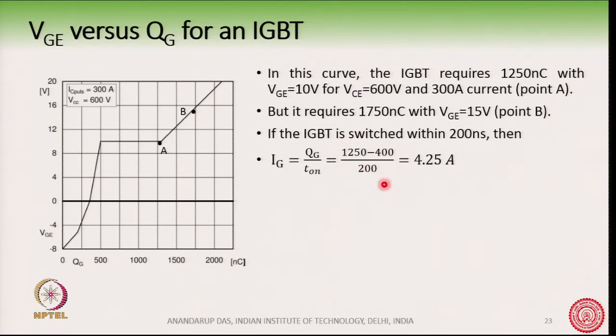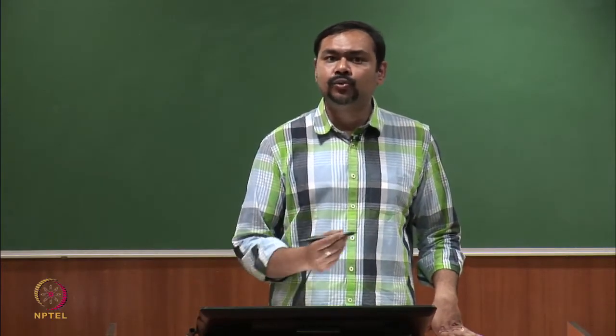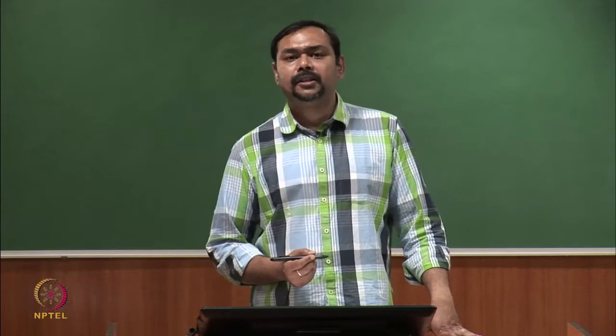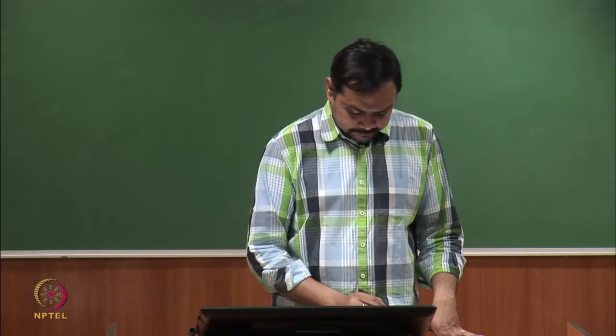This is where the switching loss is happening, and that region we would like to keep at 200 nanoseconds. So, the charge required is 1250 minus this point here, where 400 nanocoulomb is already taken away. So, 1250 minus 400, divided by 200 nanoseconds, is 4.25 ampere. This will be the average current required from the gate driver circuit. Many people use this to calculate the driving capability of the gate driver circuit.